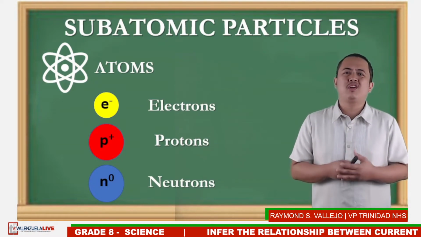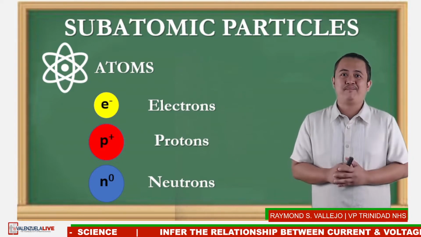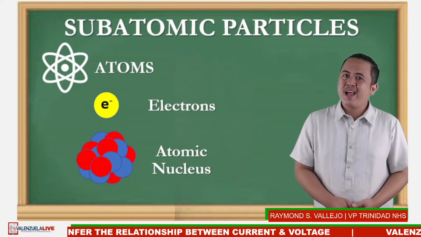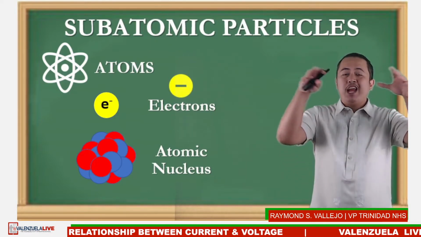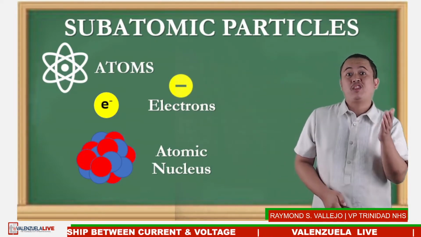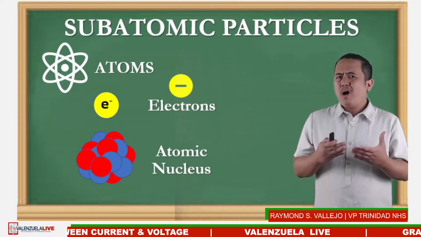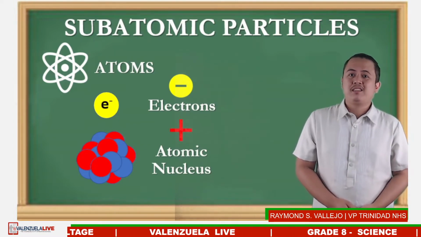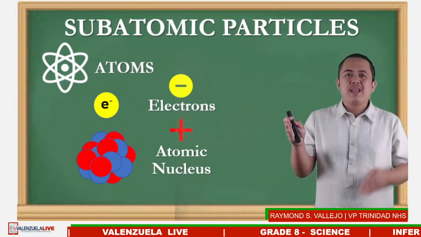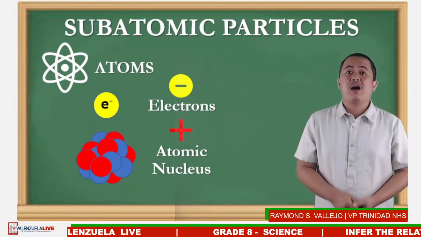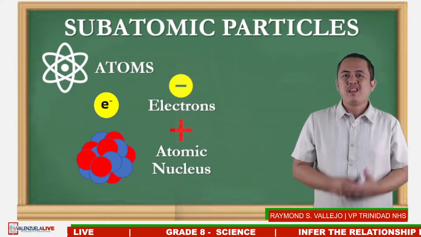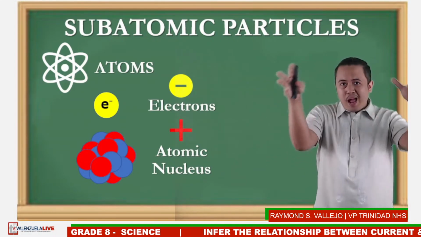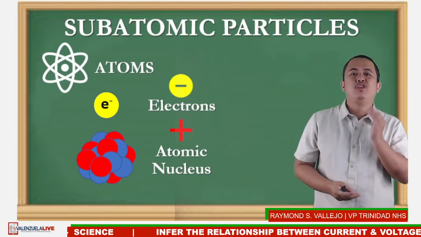Protons and neutrons are located inside the nucleus, the central part of the atom, while the electrons are freely moving around the atomic nucleus. The overall charge of the nucleus is positive, since protons are positive and neutrons do not have a charge. On the other hand, negatively charged electrons surround the positively charged nucleus.